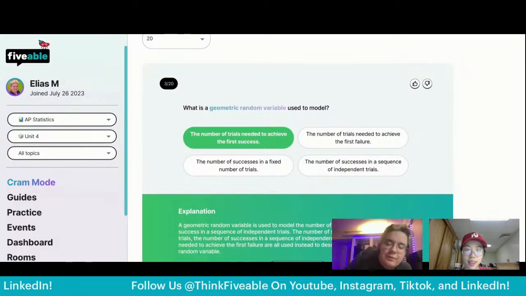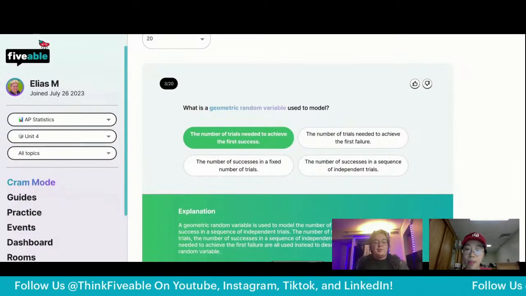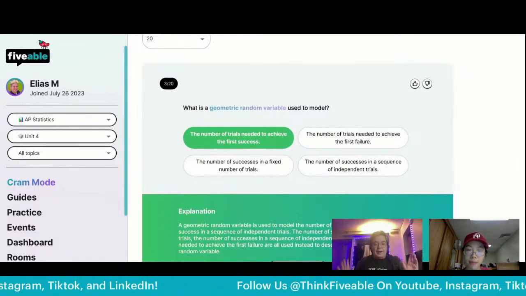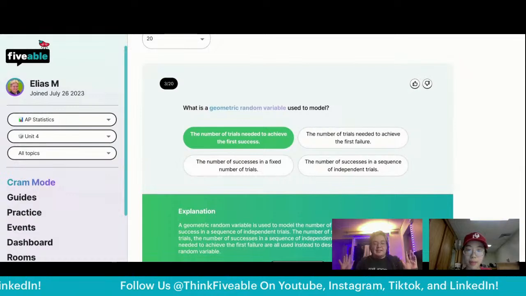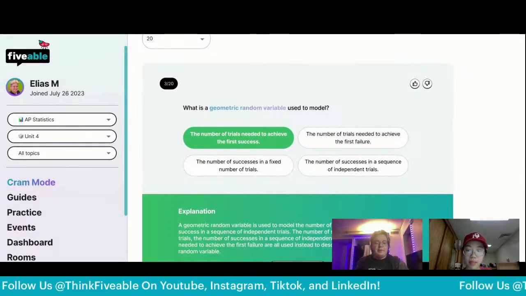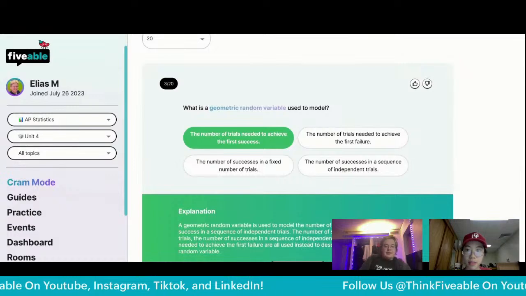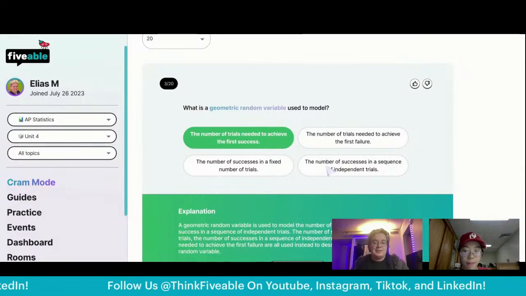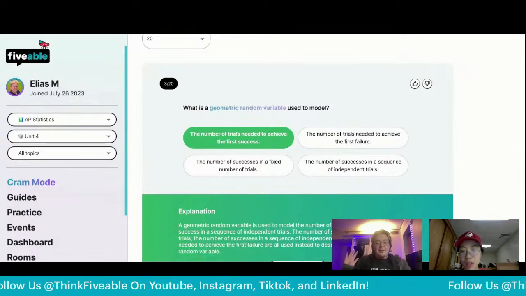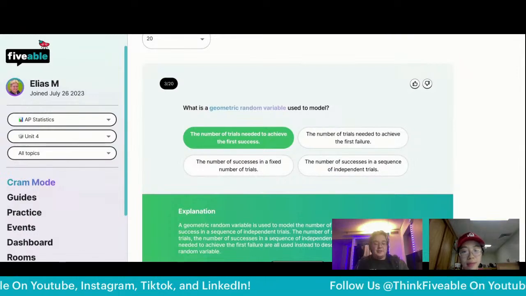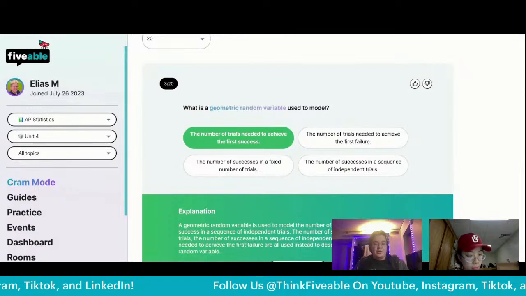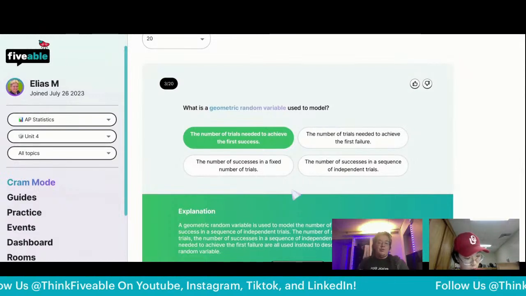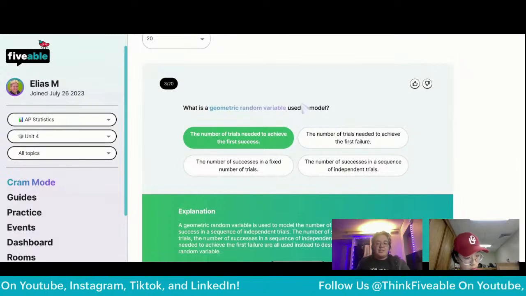Exactly. So geometric random variables are used to model the number of trials needed to achieve the first success in a sequence of independent trials. The number of trials needed to get to the first failure, a fixed number of trials, and the number of successes describe the purpose of a binomial random variable instead, which is somewhat different.